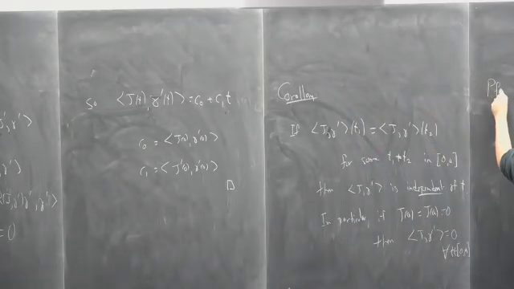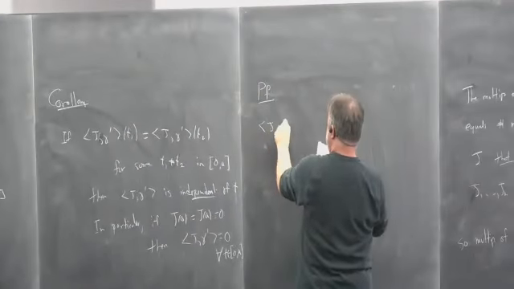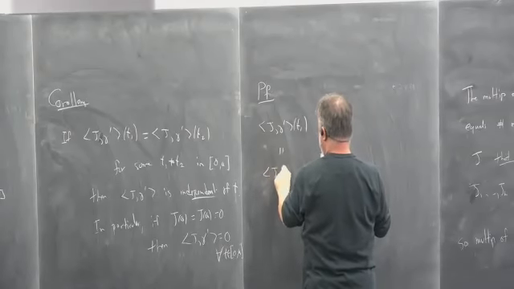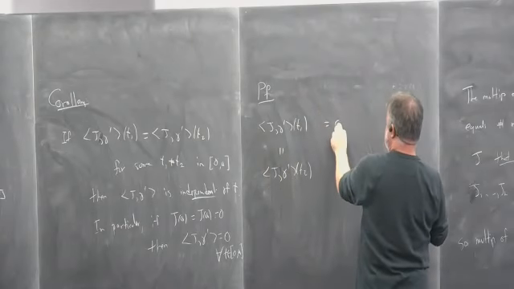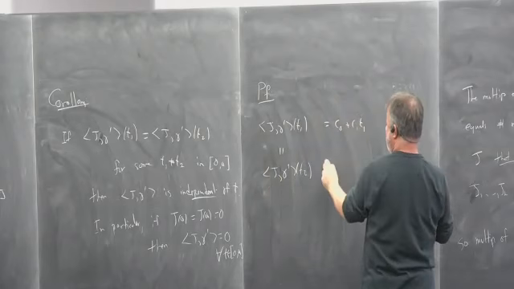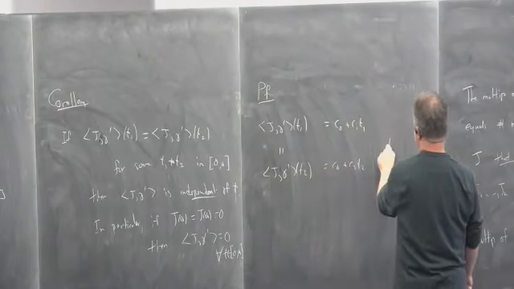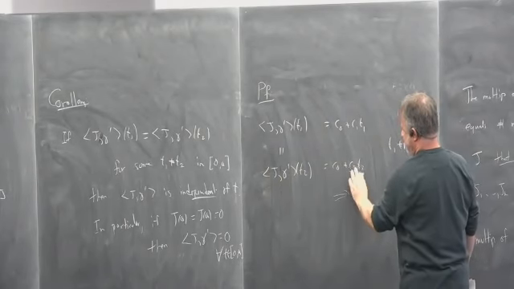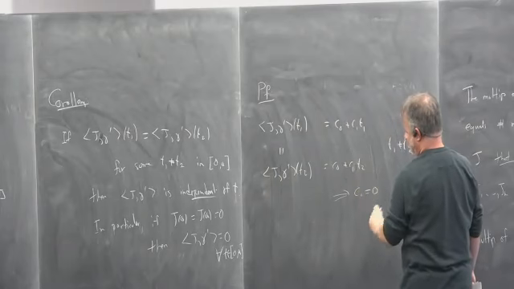So proof: we have the inner product of J with gamma prime at t1 equal to that at t2. This is equal to C0 plus C1 t1, and this is C0 plus C1 t2. But t1 is not equal to t2, so the only way this can happen is that C1 is 0.